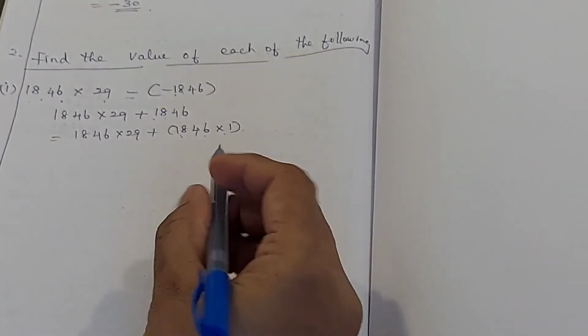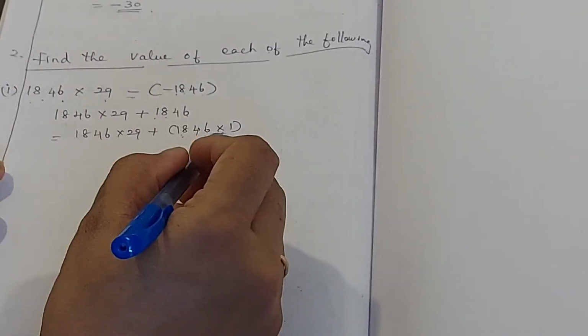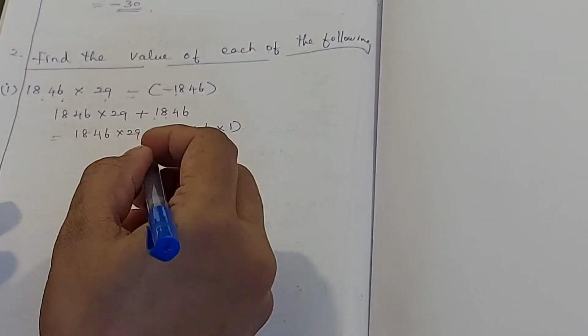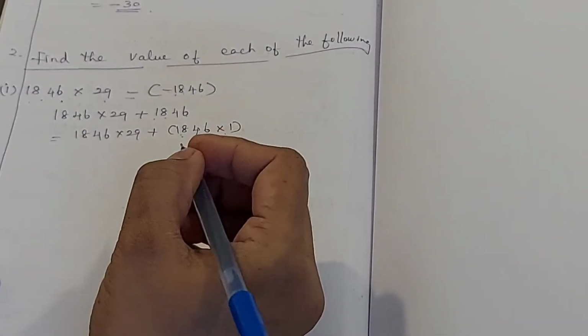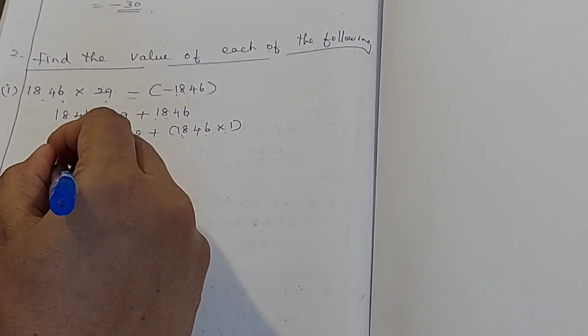Okay children, do you understand why I am writing this? See, from this you can say what property is used here. Can you say? Yes, it is distributive property over addition, right? What does that property say?